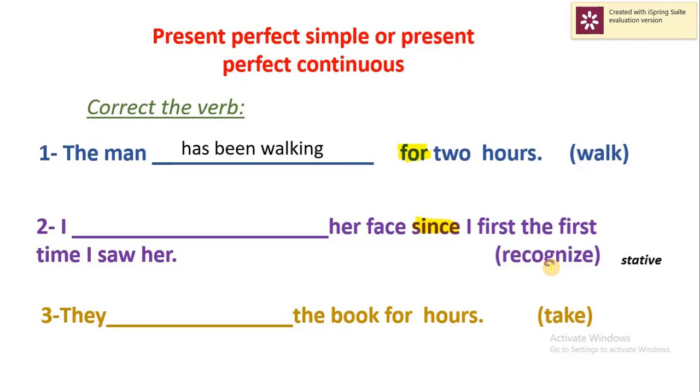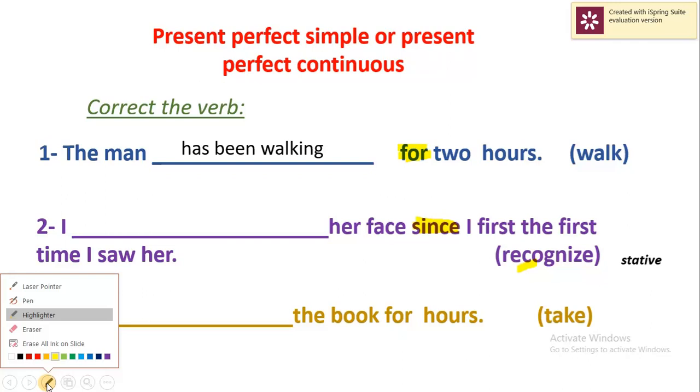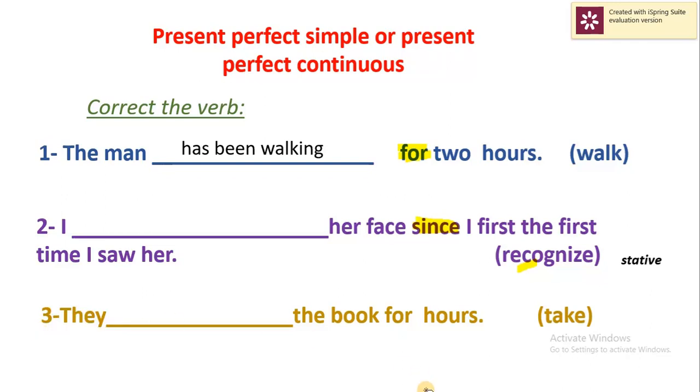So, should the answer be present perfect simple or present perfect continuous? Present perfect continuous, this means that we need to add an ing. And recognize is a stative verb. So it doesn't accept an ing.